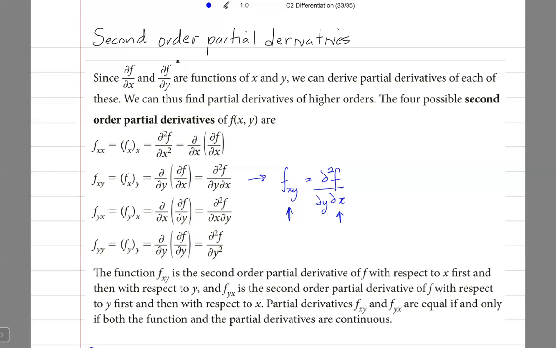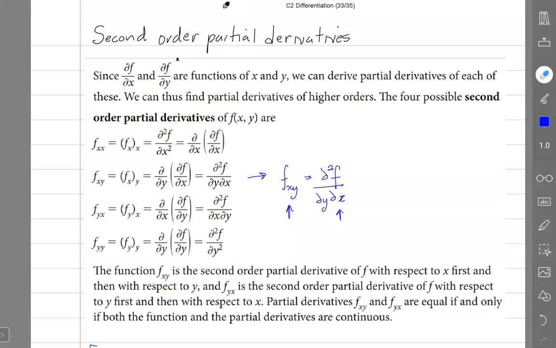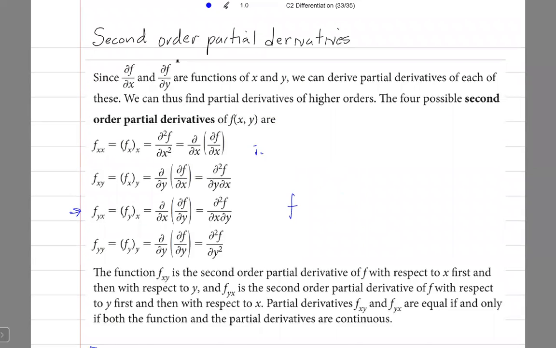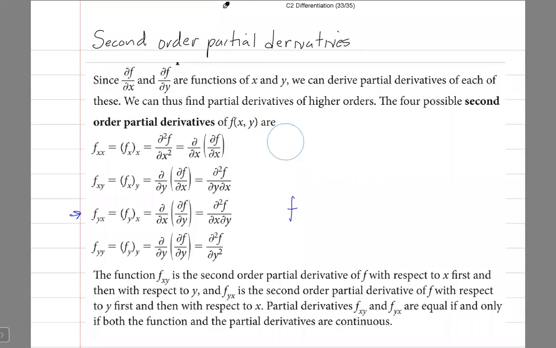It's a similar thing in the middle. f_yx is telling me to differentiate partially with respect to y first, then partially with respect to x.